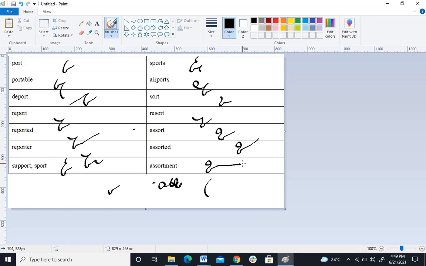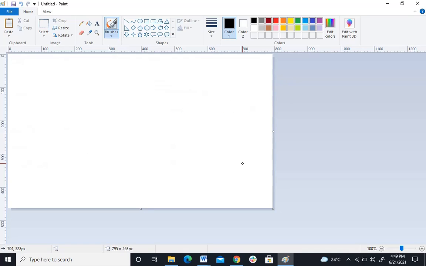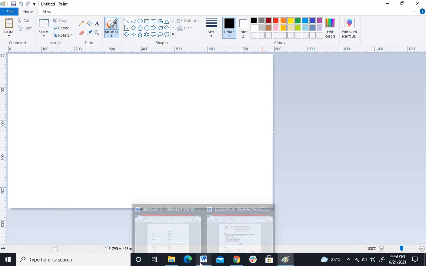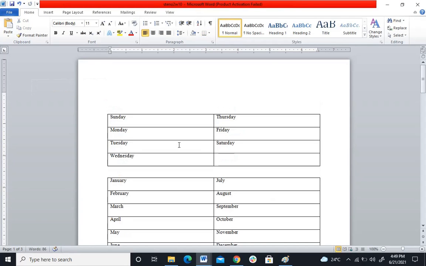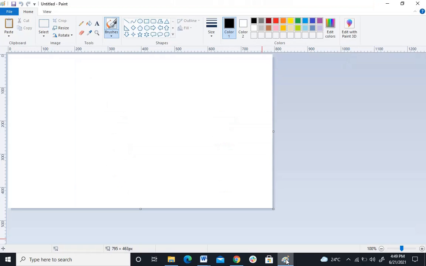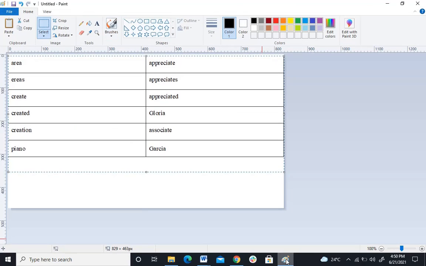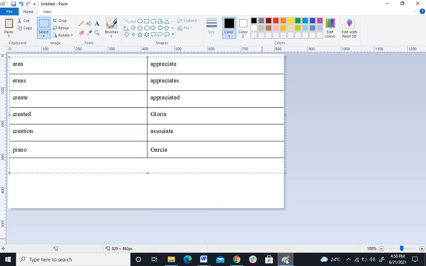The aya sound. Ano naman tong aya? Ano ba yung mga words na merong aya? So, para malinaw, tignan natin sa ating module. Ayan. So, yung ating mga aya sounds are area, create, creation, piano, appreciate, okay? So, yun yung ating iya.